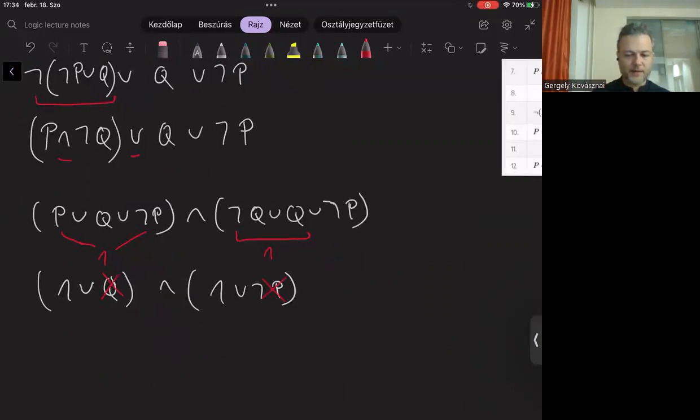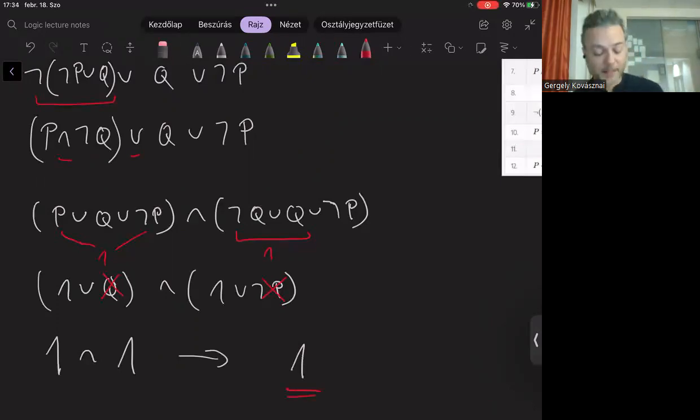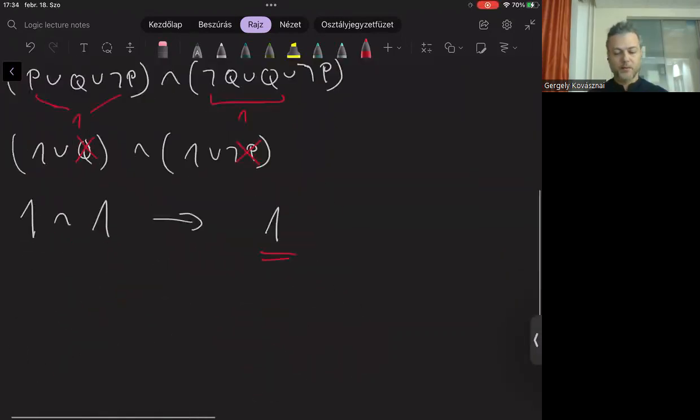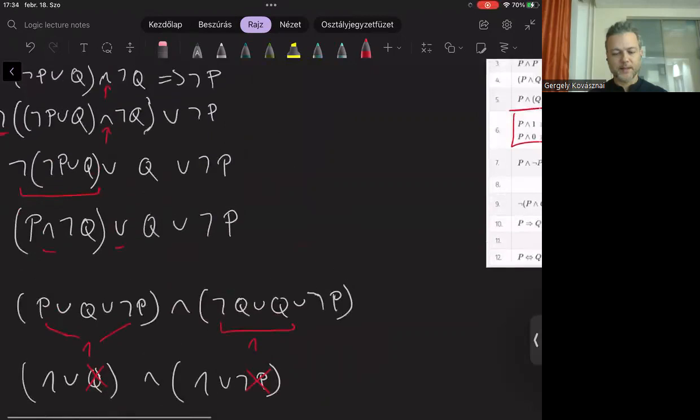And finally we get 1 and 1. Oh, it's not easy to see what is 1, what is conjunction. And of course, this can be further simplified to 1. Yeah, so this is the final result. We simplified the original formula to a single 1 value, which is very nicely done.